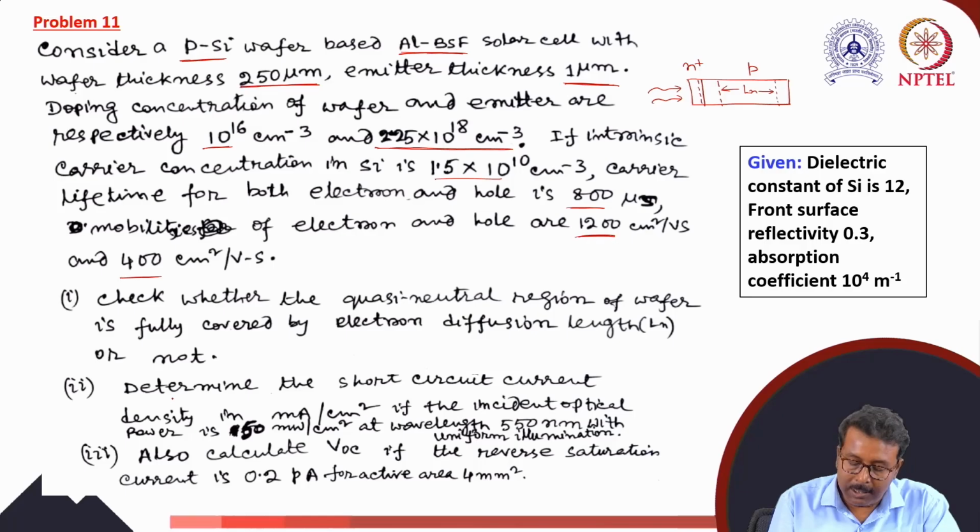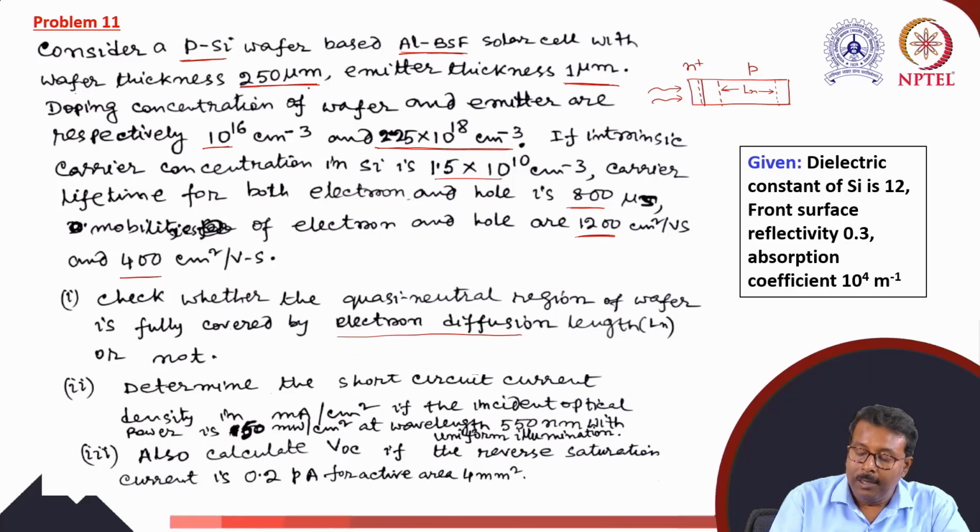In the first part, we have to check whether the electron diffusion length Ln is covering the quasi-neutral region of p or not. So we have to calculate Ln, and we have to calculate the depletion layer width also. Total thickness of the p layer is 250 micron, given.